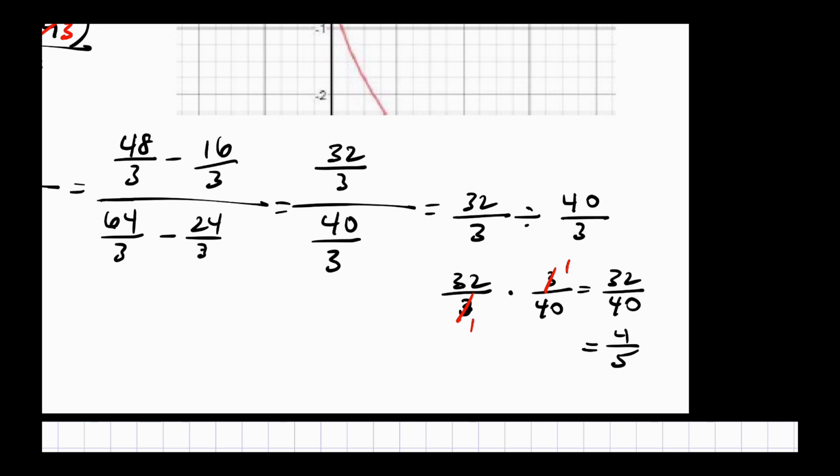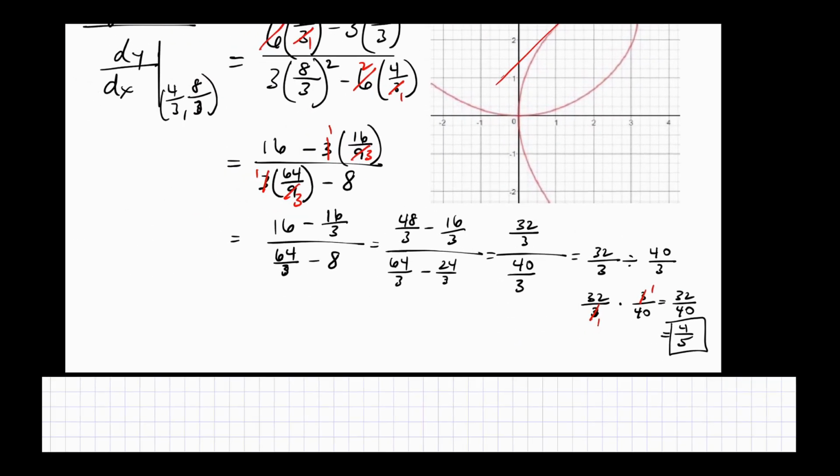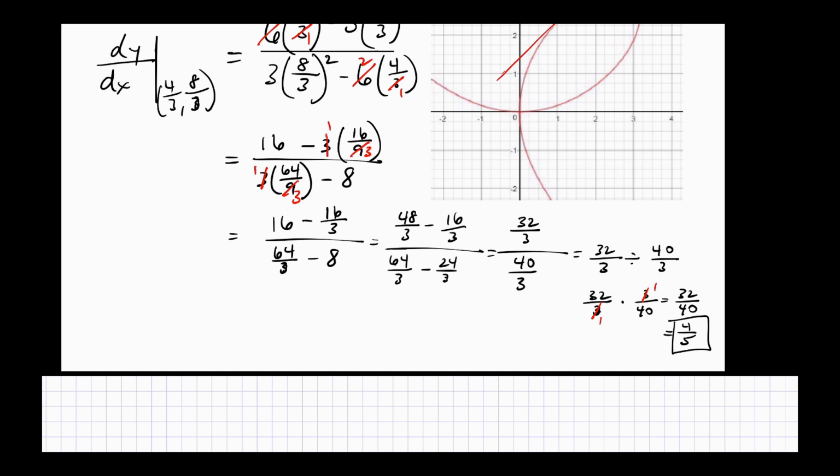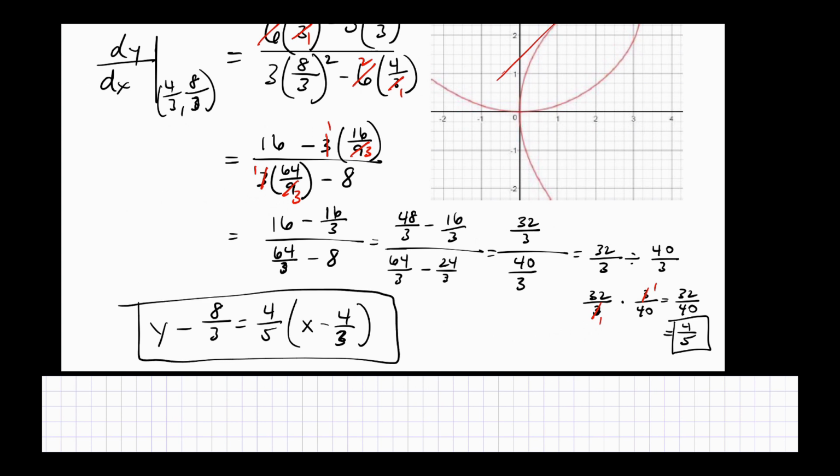You can divide them both by 8. You get 4/5. Okay. So now I have my slope. I have my y. I have my x. Done. That's the tangent line.